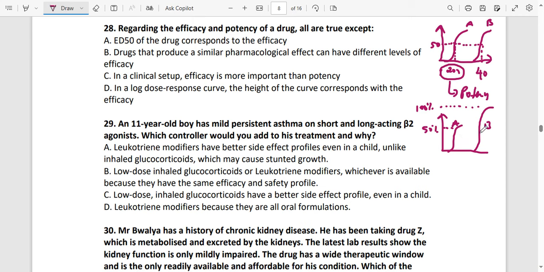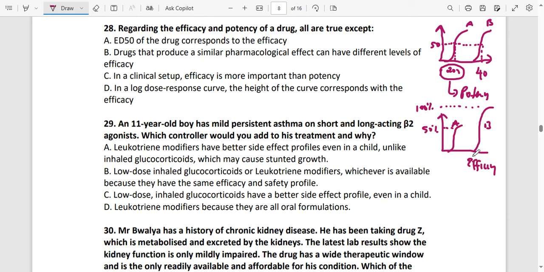So drug B, because it is producing the maximum effect that we want, it is more efficacious. So efficacy is the maximum response produced by a drug. Doesn't matter the concentration at which you've produced the maximum effect.